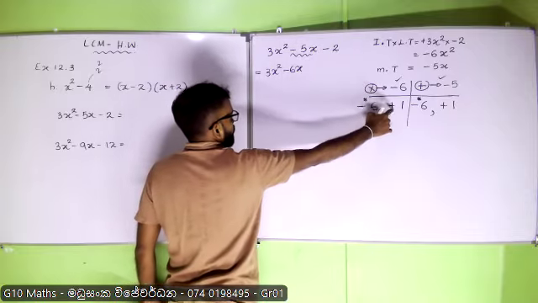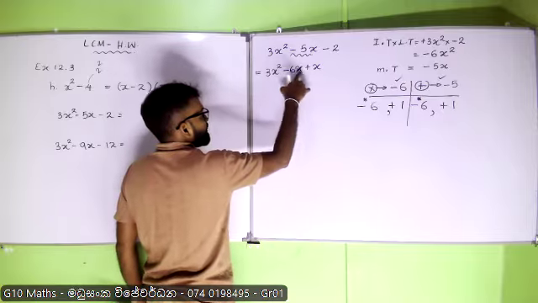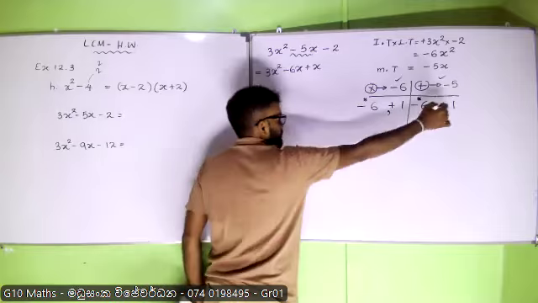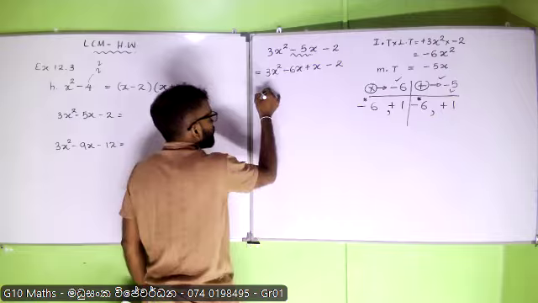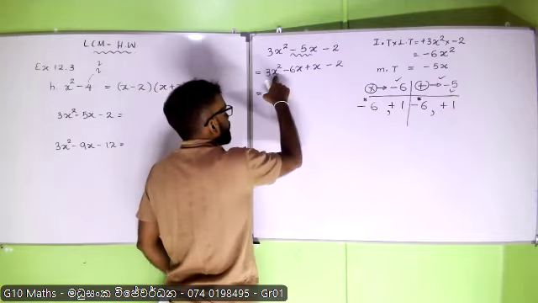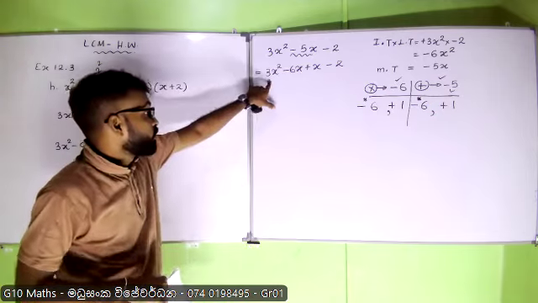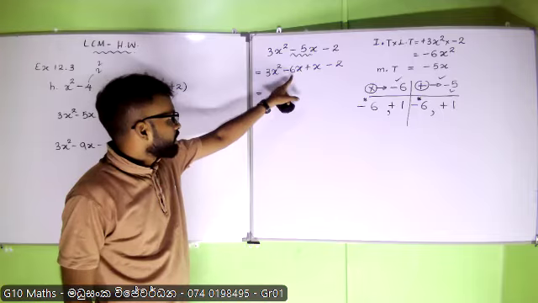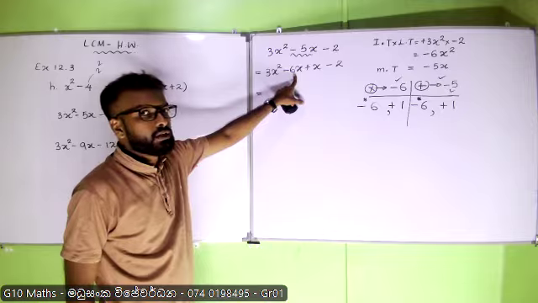-6x, +1 means +x. If you add these two numbers, you need to end up with -5. So here you have -2 equal mark. When you come to this place, you need to know how to get the factorization. Highest common factor is here you have 3, and also 6 can be written down as 3 times 2.